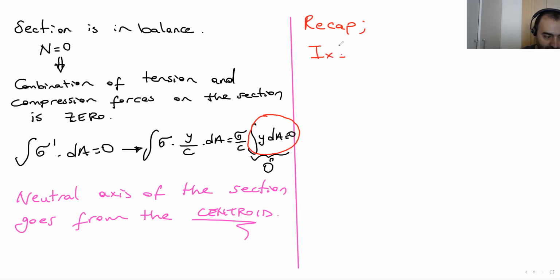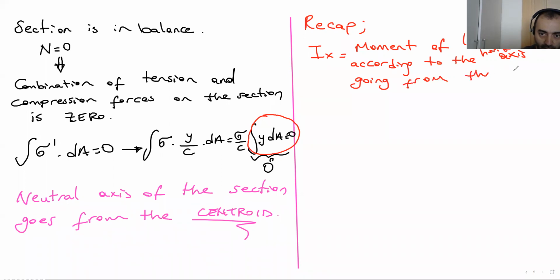Ix is the moment of inertia according to the horizontal axis going through the centroid of the section.